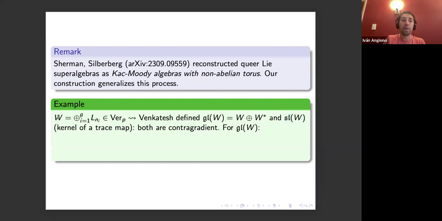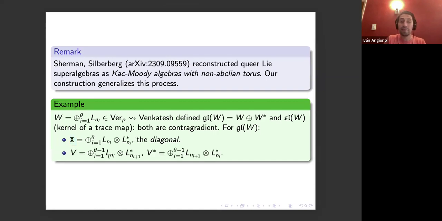Suppose that your element W decomposes as the sum of some L_i. Well, when you fix this decomposition, we can find a way to show that this GL and this SL are contragredient. So these classical objects are contragredient. In which way? We take as X the diagonal, it means the tensor product between L_i and its dual.